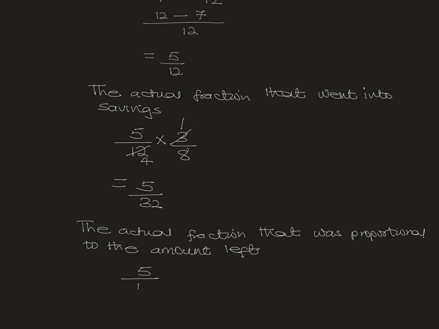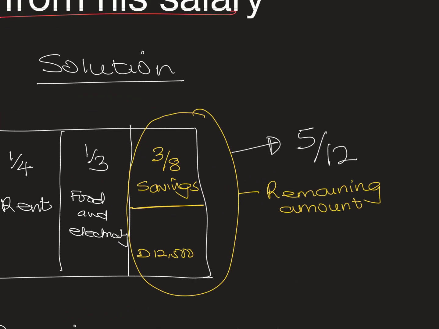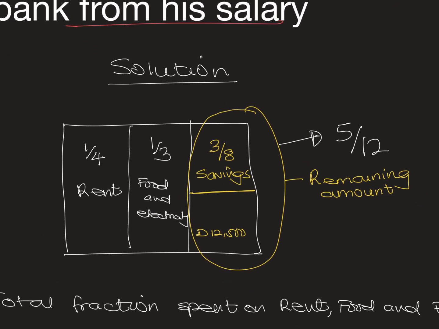So it will be 5 over 12 times 5 over 8. How comes? Going to the diagram to illustrate that. If we have 3 over 8 here, and I'm considering the whole of this section to be 1, so if I subtract this 3 over 8 from 1, then I will have 5 over 8.